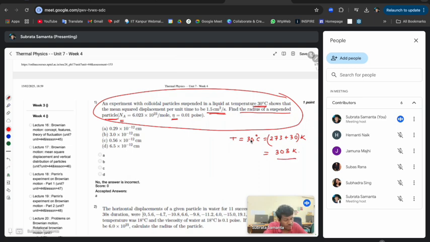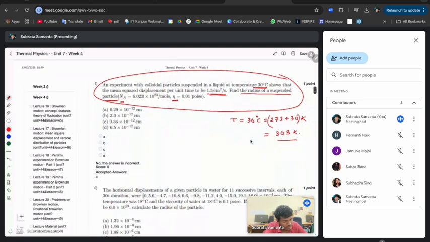Mean square displacement means S square average, where S is the distance, or I can write delta x square, average, and that is given as 1.5 centimeter square.